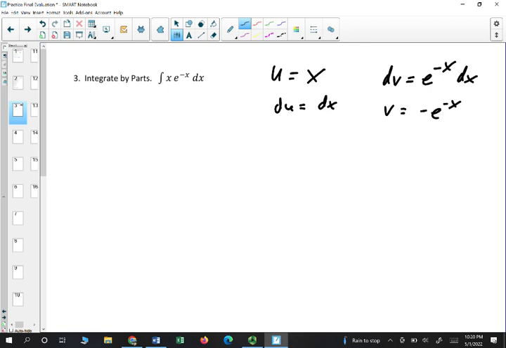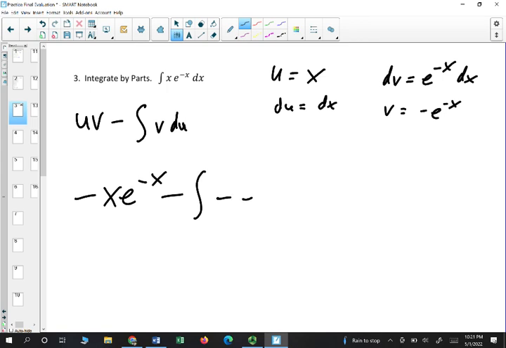Okay, now we're going to follow the formula for integration by parts: uv minus integral v du. Okay, so uv, so x times negative e to negative x, put it together, negative x e to negative x, minus integral of v du. So that would be negative e to negative x dx.